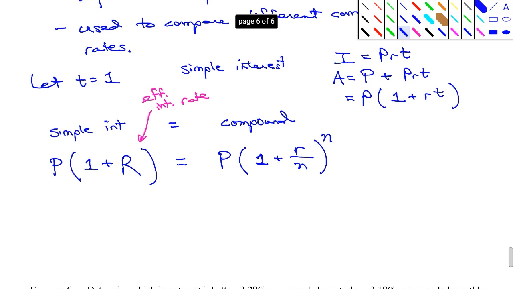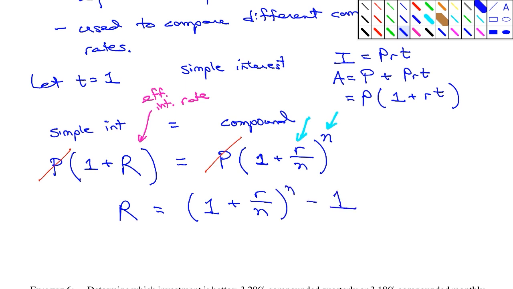And you want to solve for big R. The first thing we notice is that we can divide both sides by P, and that tells us that the effective interest rate is independent of how much is being invested. All that matters now is the rate and the compounding period, because the only variables we have left are r and n. Next, we're going to move the 1 that's added on the left side to the right side.